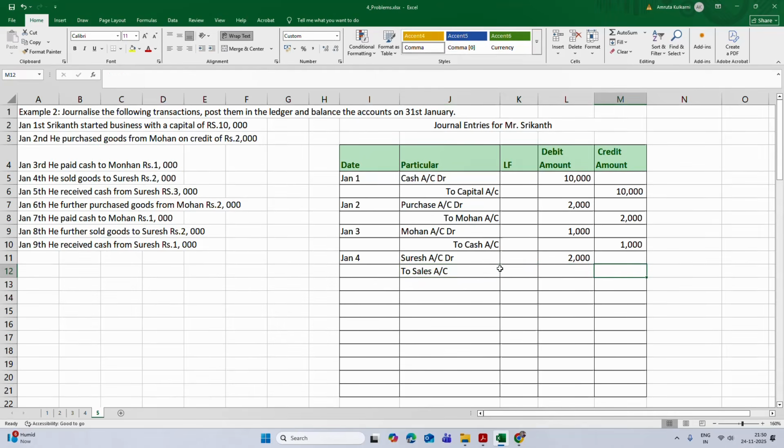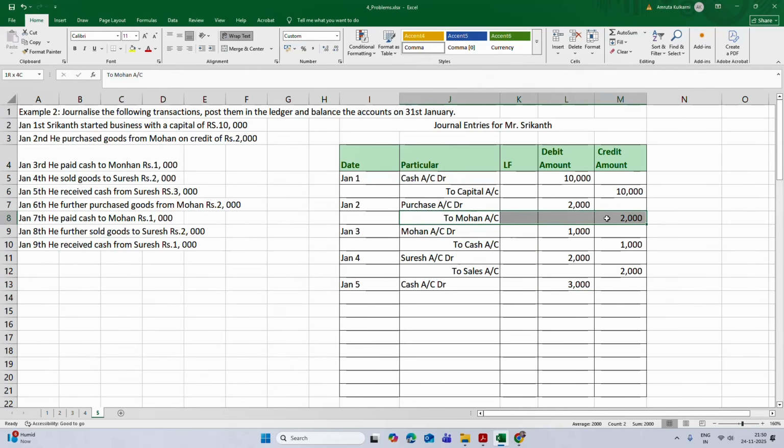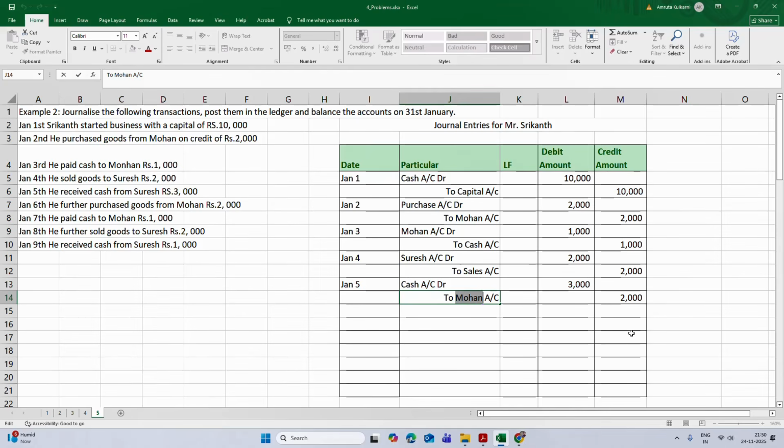worth rupees 2,000. Next transaction, on Jan 5th he received cash from Suresh rupees 3,000. So cash account will be debited for rupees 3,000 and this cash is being paid by Suresh. So we will credit Suresh account by 3,000.